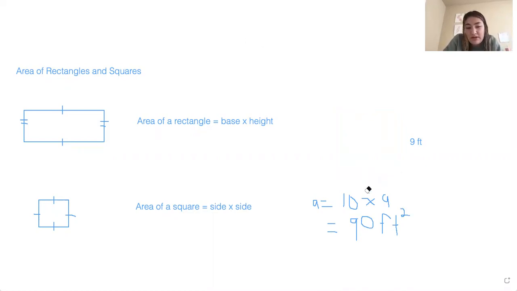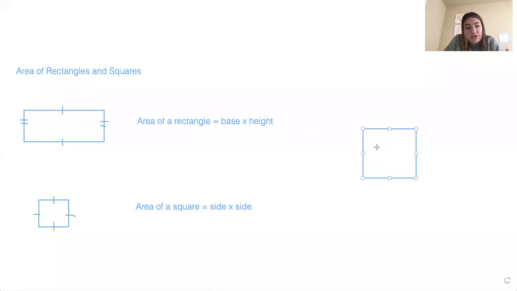Let's do a new one. For this one, we're going to do the area of a square. It just gives us one side length of 4 yards. How are we going to calculate this?